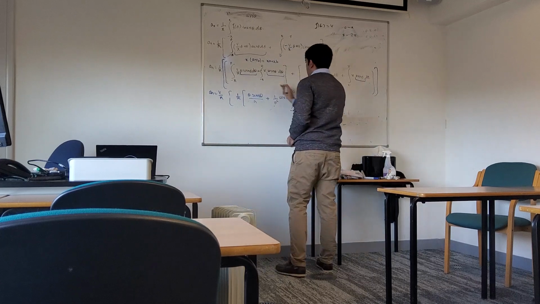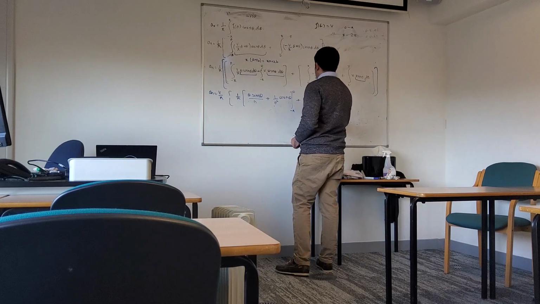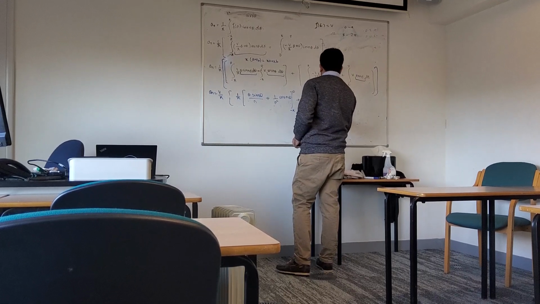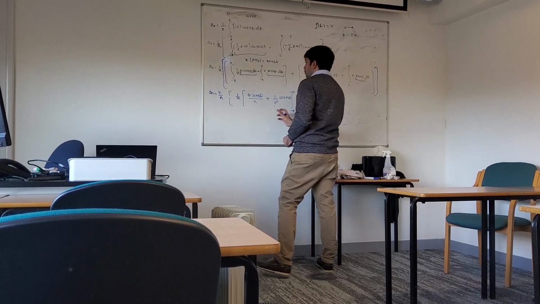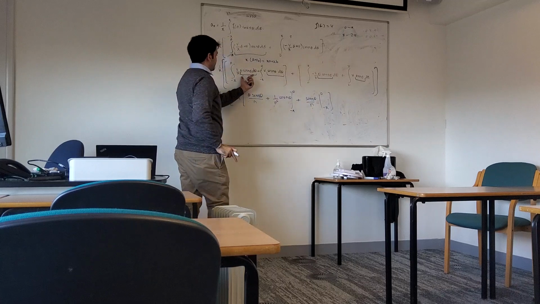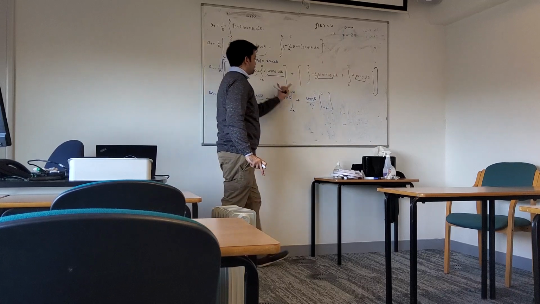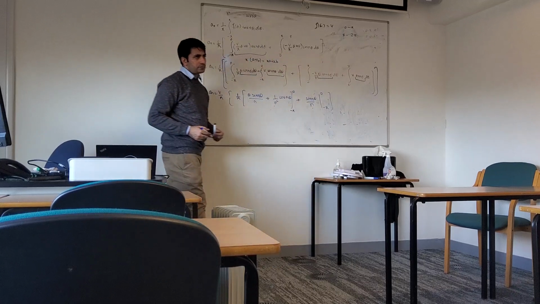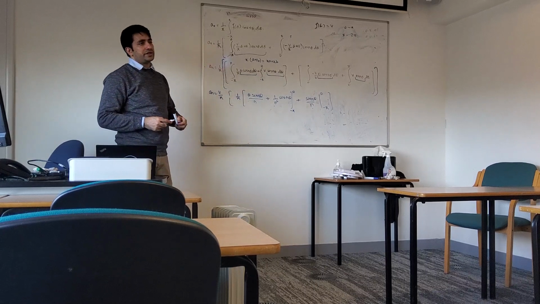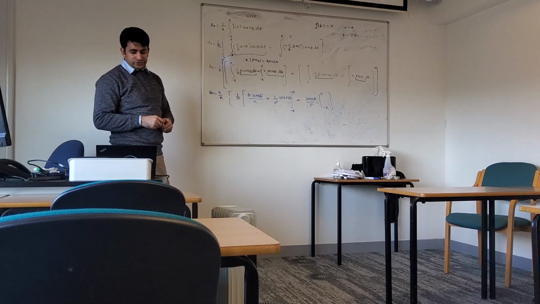Same goes for this one, which is sine n theta by n, and the limit is minus pi to 0. So this was for the first integral. Integration by parts comes here, and for this thing it comes here. And we need to do the same for the other portion.